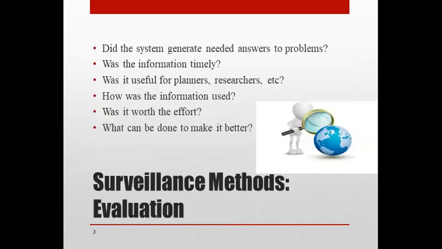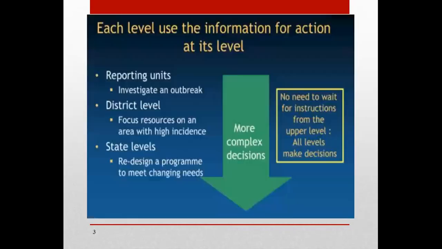Then after analysis and report dissemination, there is also the surveillance method evaluation. This includes: did the system generate needed answers to the problem, was the information timely, was it useful for planners, how was the information used, was it worthful in the effort, and what can be done to make it better.